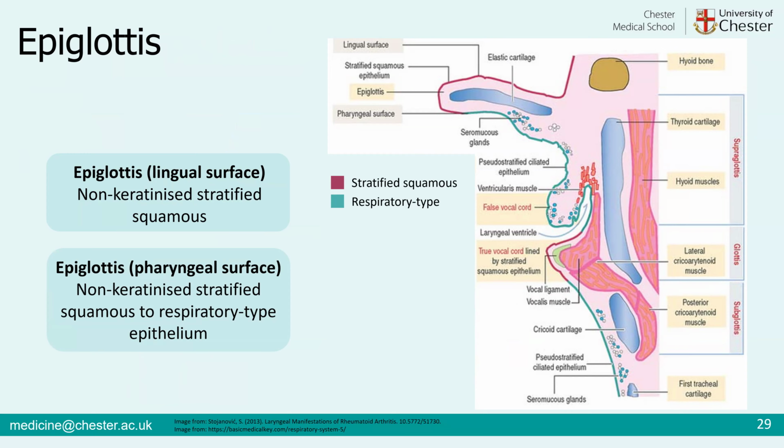So on the pharyngeal surface, we have a respiratory type epithelium. It actually transitions about a third to a half of the way along. So on this inferior portion, the pharyngeal surface of the epiglottis, we still see a stratified squamous epithelium up to around, this picture shows it, around a third of the way along. Some texts say around half the way along before it transitions to that respiratory type epithelium.